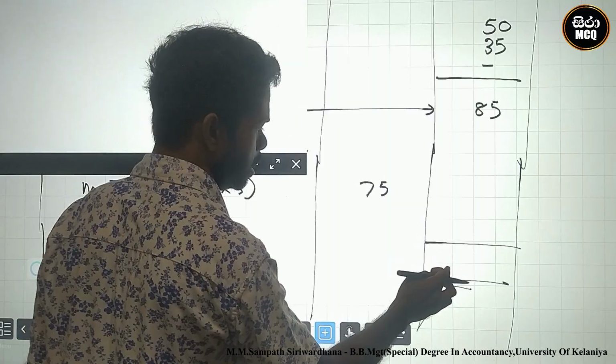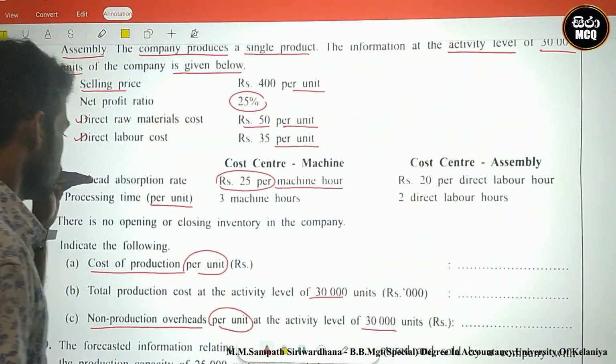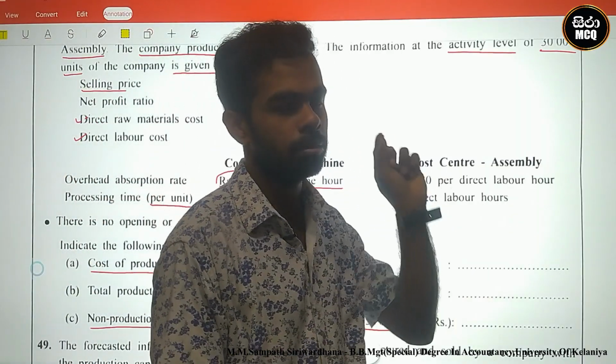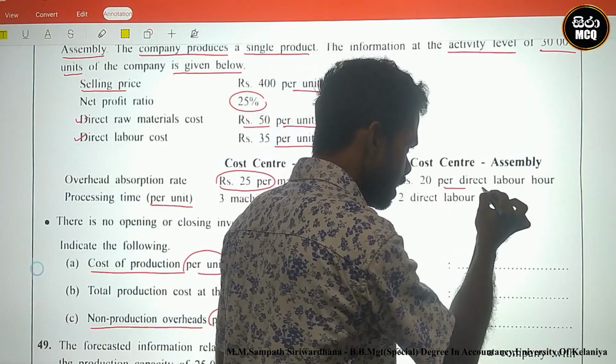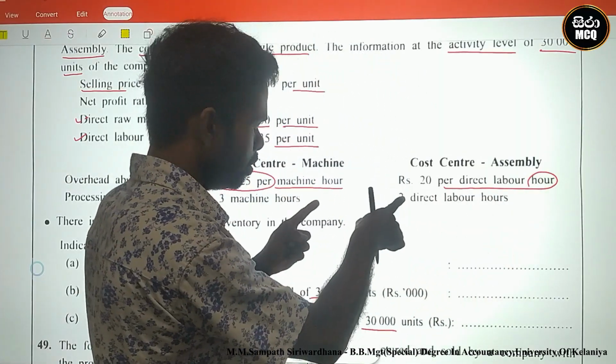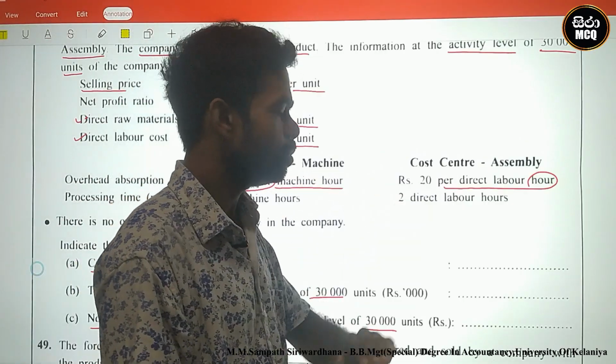Next, the assembly department. The overhead cost absorption rate is 20 per direct labor hour. The processing time per unit is 2 direct labor hours.